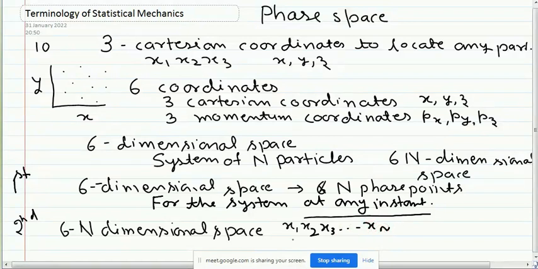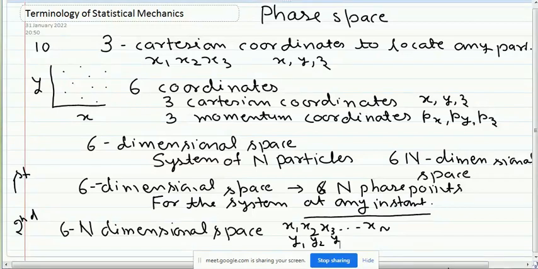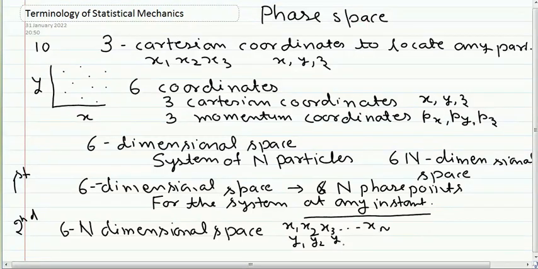Then we will have y1, y2, y3 up to yn, and then we have z1, z2, z3 up to zn.